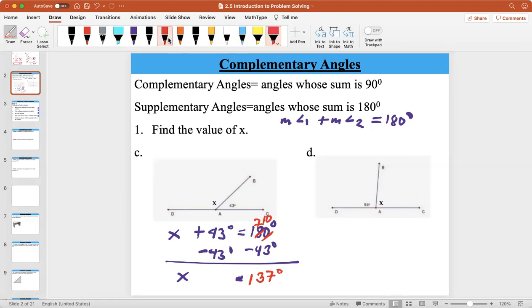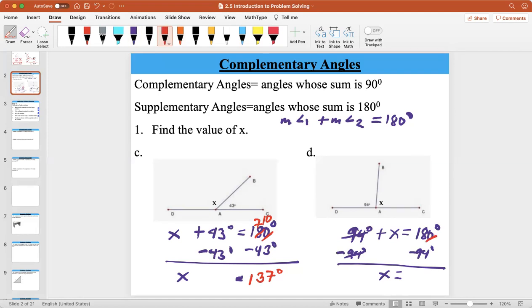So we form here an equation which is 94 degrees plus x equals 180 degrees. Find x again, subtract both sides by 94 degrees. 94 minus 94 is 0. We have x, and then 180 minus 94.